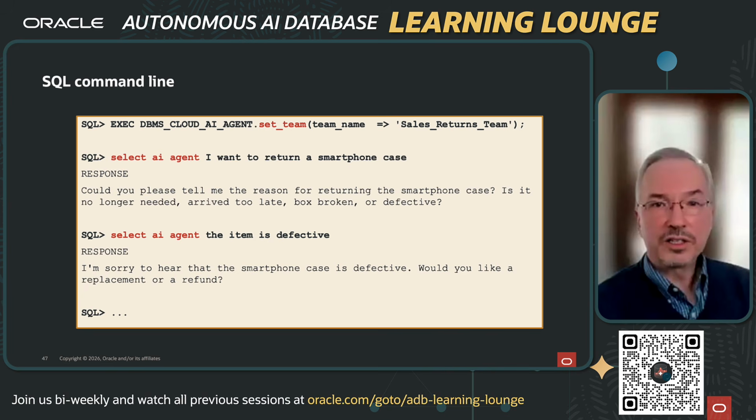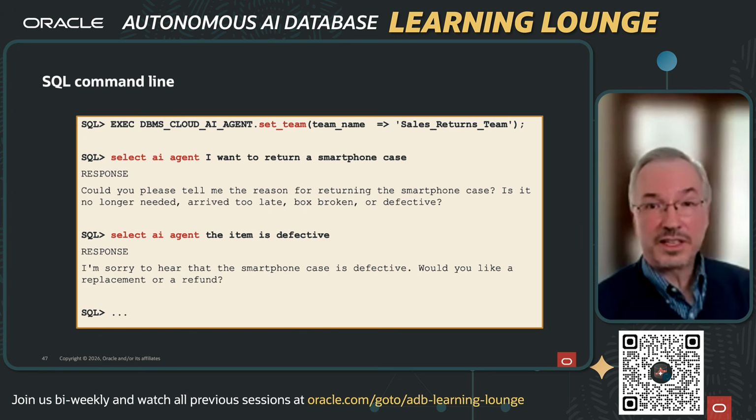Now, earlier, you saw how we can interact with agents using the Ask Oracle Select AI chatbot, as we saw for the inspect agent. And you can also use the SQL command line. First, you set your team, in this case, the sales return team, and this sets the conversational context for your database session. Then, use the select clause with the keyword AI and the action agent, followed by your prompt.